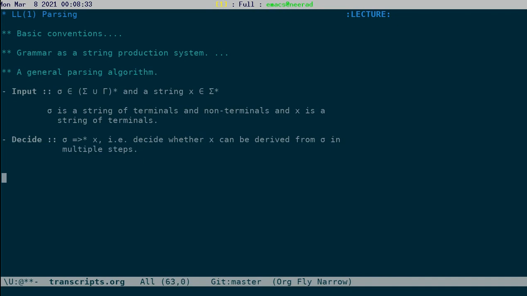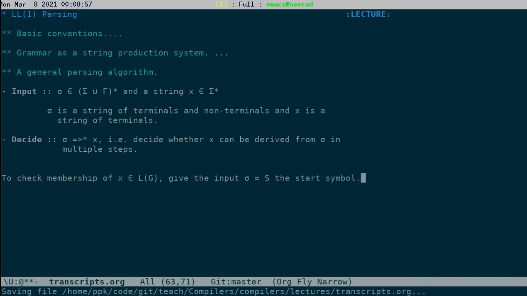Okay. Clearly you can see that if you can solve this problem, you can check membership. How? To check if x is in L(G), give the input sigma equal to S, the start symbol. So your input sigma is just the start symbol S. It's a string with one letter S. Okay.